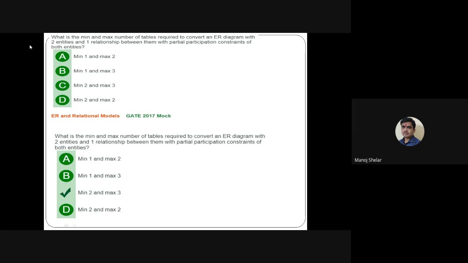So your option is what? Minimum two, maximum three. It's a GATE 2017 question.